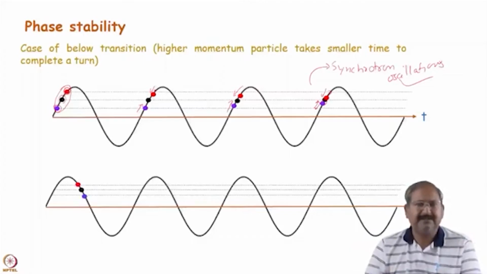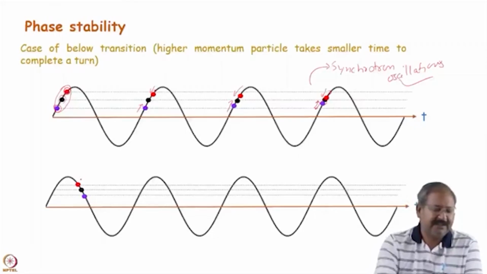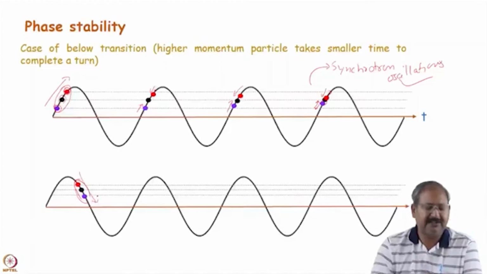Now we take another three initial conditions. This time we are taking them on this one. This means this was on the rising edge of the RF field and this is on the falling edge of the RF field.